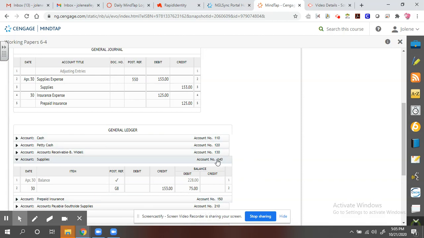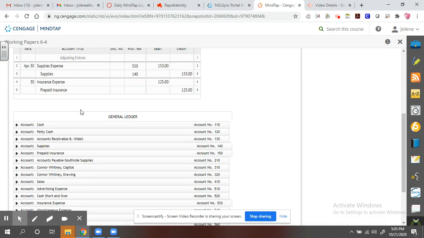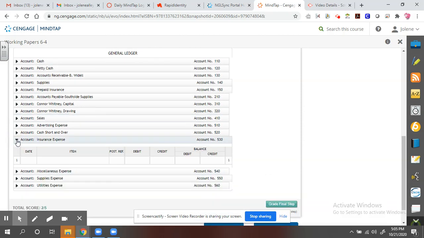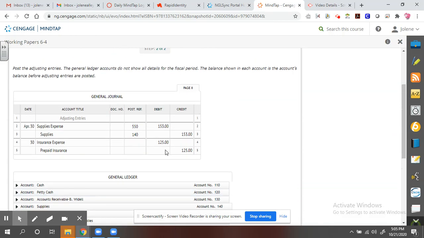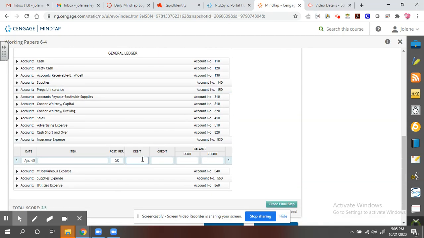I have to take this account number, 140, and plug that in to show that we did indeed post that to the general ledger for supplies. Now we're going to go to insurance expense. We put in April 30th. This is G8, still our general journal, page 8. Expenses increase in the debit, and the dollar amount here is $125.